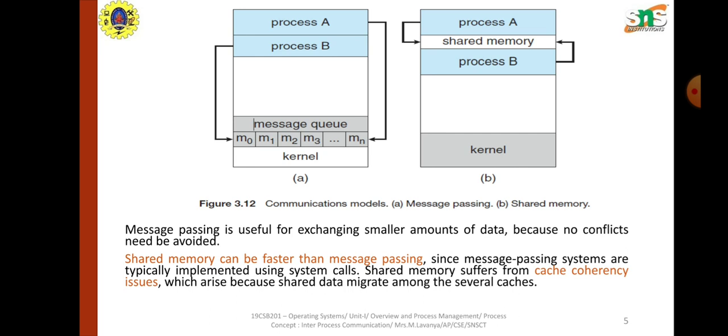If one among the processes updates a value, it should be reflected to all other processes which are currently using that data. But if the data is not reflected to all other processes, there will be an inconsistency of data. This problem is known as the cache coherency issue. This is the main disadvantage of shared memory implementation of IPC.